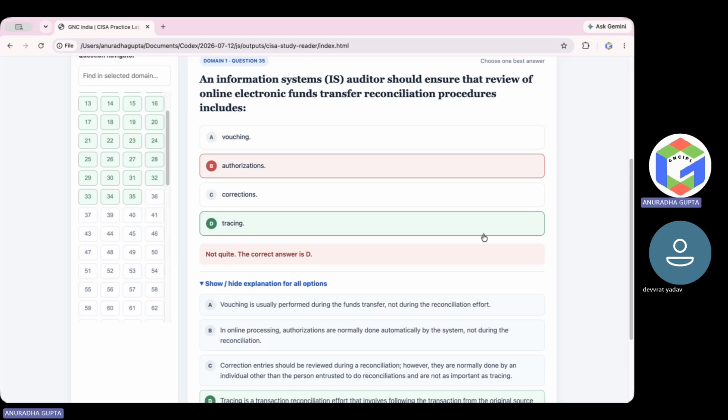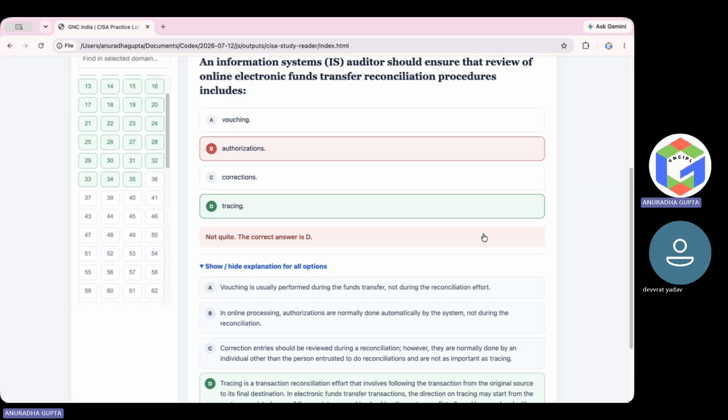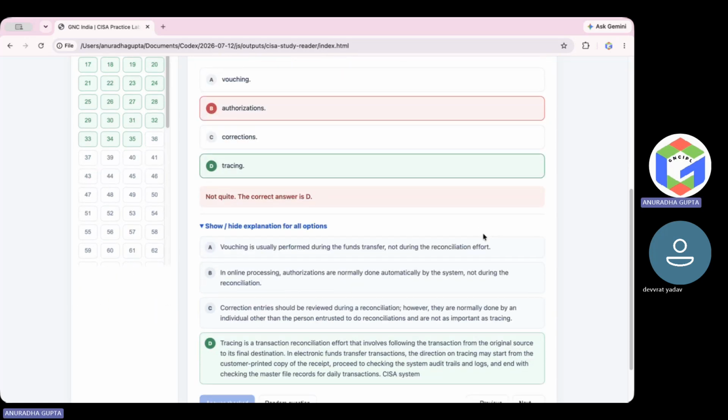During the electronic fund transfer reconciliation procedures, the auditor wants to ensure that no process is missed. So tracing is a transaction reconciliation effort in which it traces all the steps.